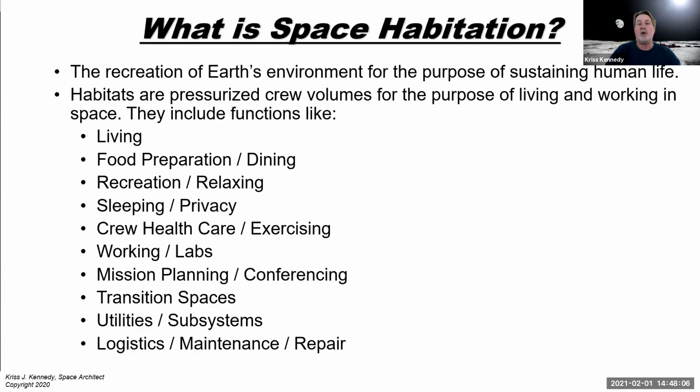So they include multiple functions like living, food preparation and dining, recreation and relaxing, sleeping and privacy, crew health care and exercise, working in laboratories and research areas, mission planning and conferencing, transition spaces, as we talked before, such as nodes or airlocks, utilities and subsystem spaces and functionality, logistics, maintenance, and repair.